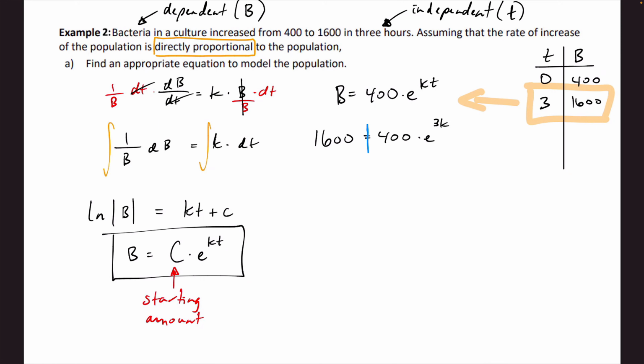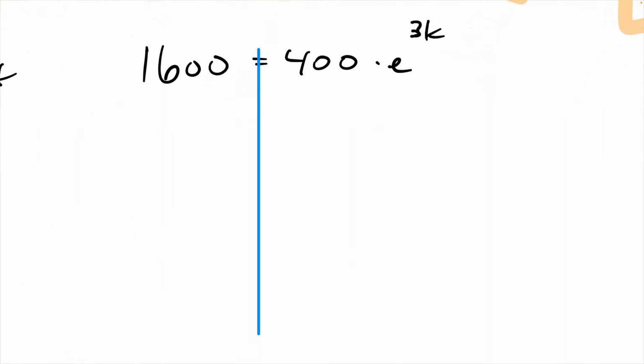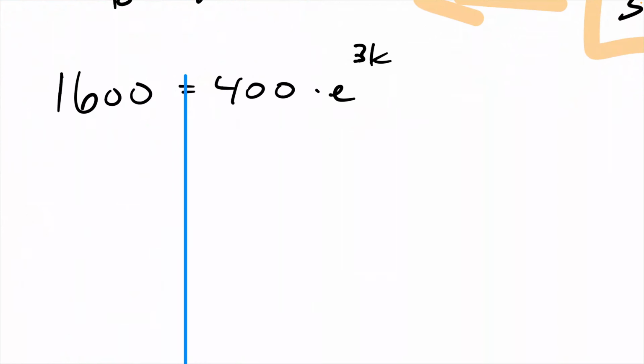What's the first thing I got to do to solve for K? Get it by itself. So what are we going to do first? Divide by 400. Yep, divide both sides by 400. Now, luckily, this will give us a nice, clean 4. It won't always be that way. You might have a fraction, you might have a decimal.